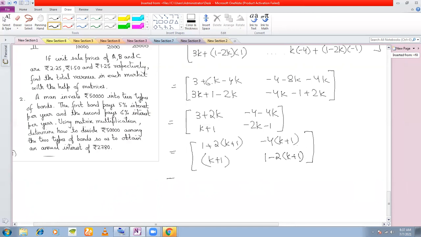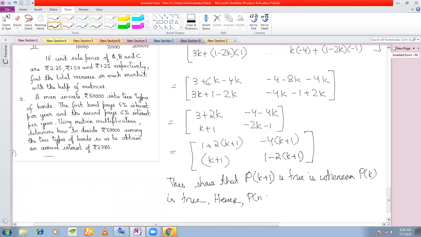That means this shows that Pk plus 1 is true whenever Pk is true. Hence, Pn is true for all natural numbers.